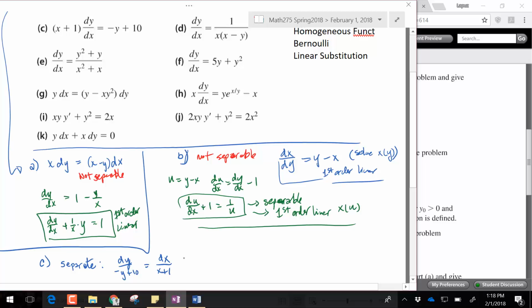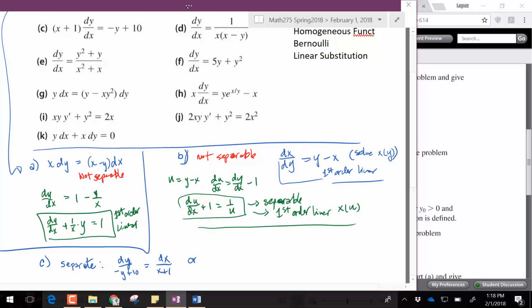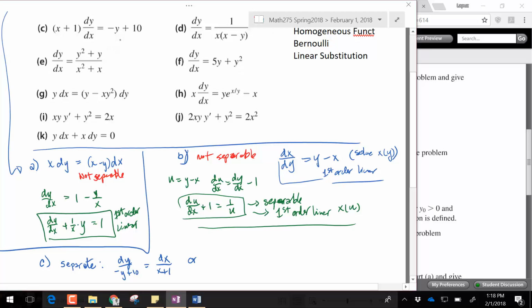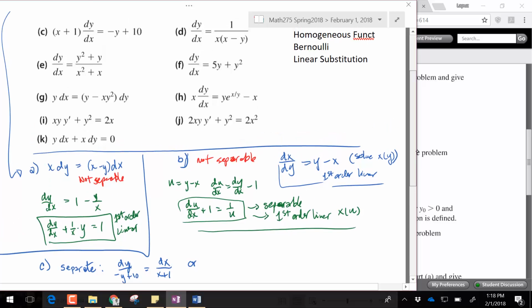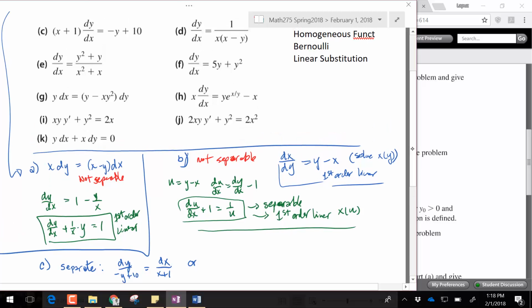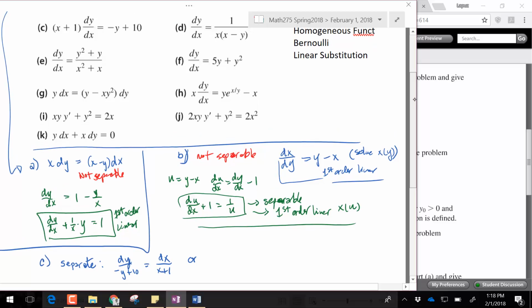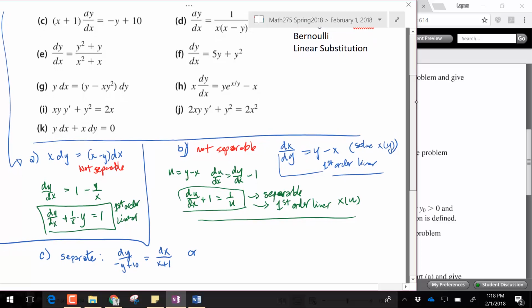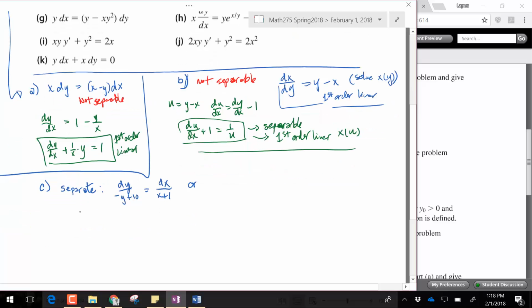So if we could split this up, put the dx on the other side, we have x plus 1 dy and minus y plus 10 dx. x plus 1 dy equals minus 10, what? Minus y?